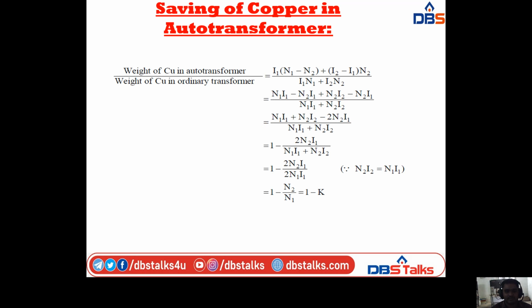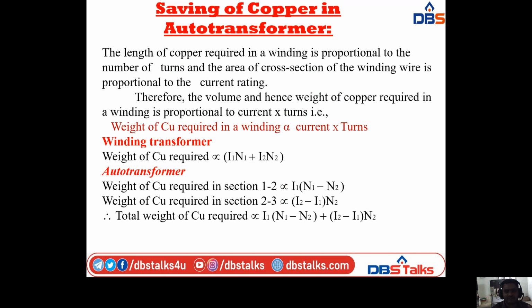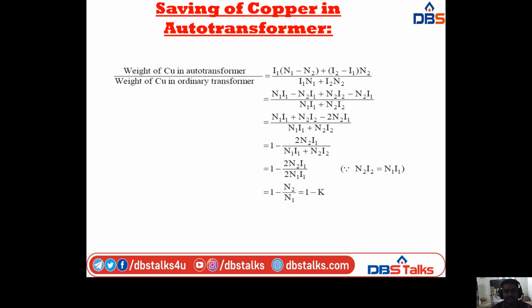Now take the ratio of the weight of copper in the auto transformer to that in the ordinary transformer. That is I1 (N1 minus N2) plus (I2 minus I1) N2, divided by I1 N1 plus I2 N2.